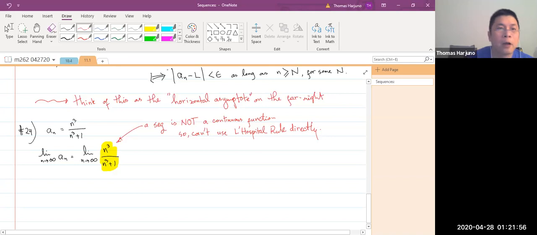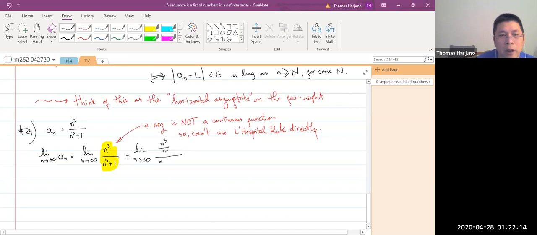Okay. In this question, we actually don't need to use L'Hopital's rule. We can just use the method that we learned before. For example, I divide by n cubed on the top and the bottom. That's the limit as n goes to infinity of 1 over 1 plus 1 over n cubed.